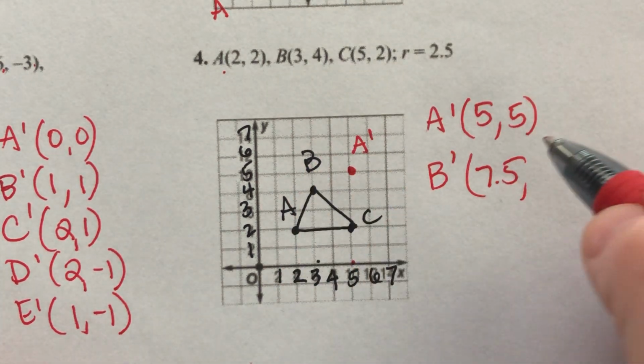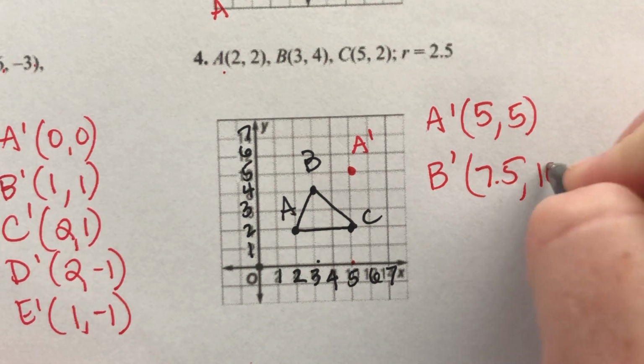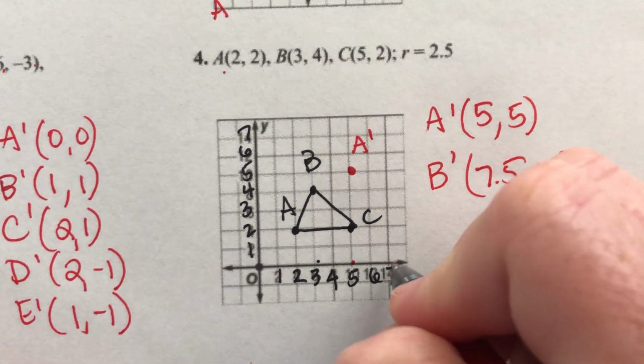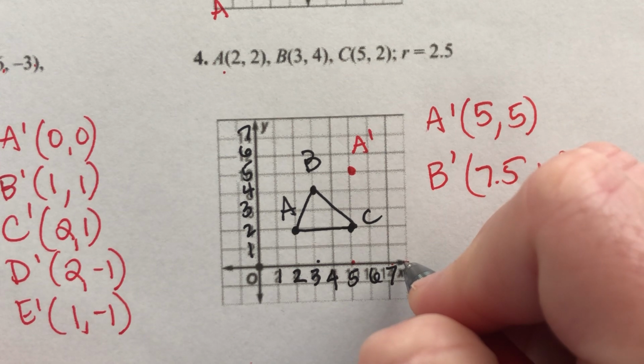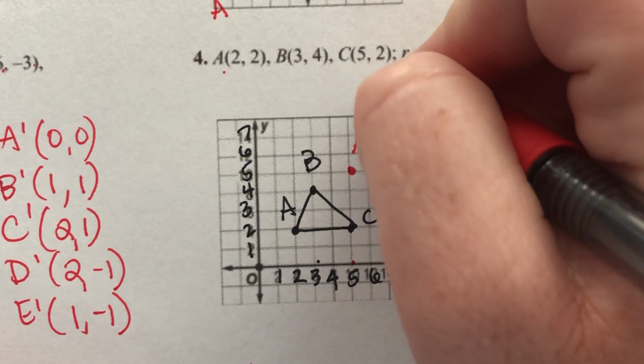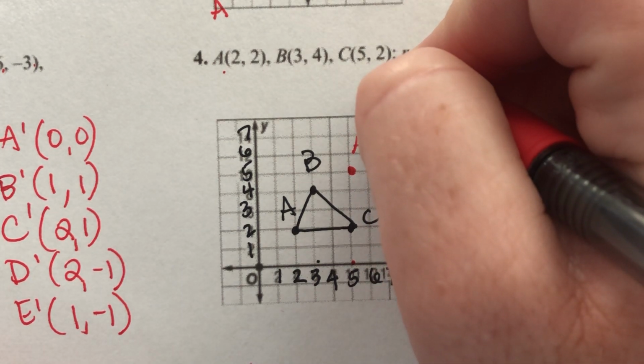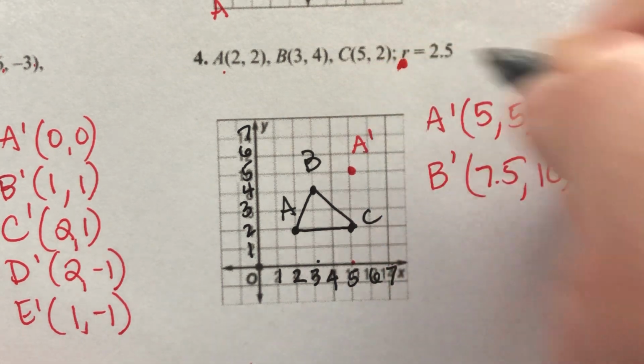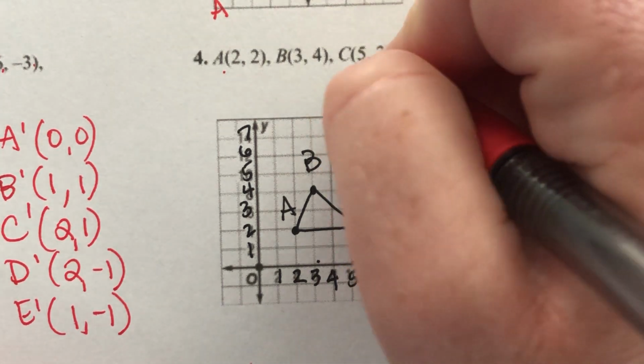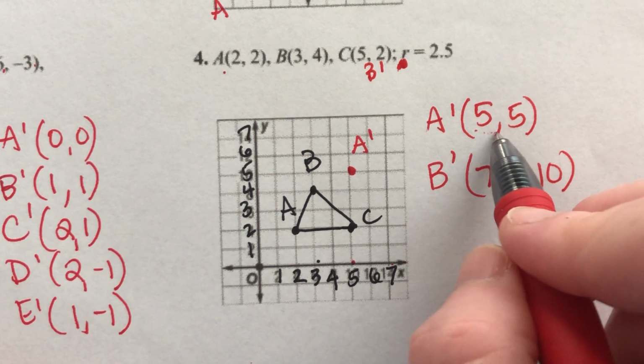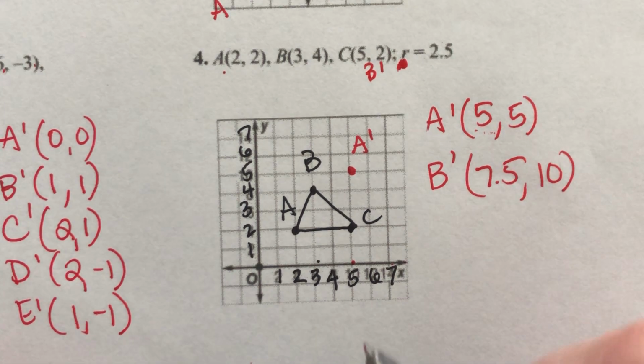And 4 times 2.5 is 10. So I'm going to go over 7.5, up 10, way up here, right? I don't even quite have the room, but that's going to be B prime.